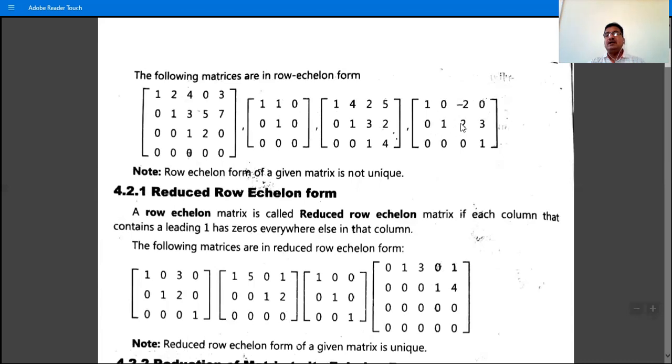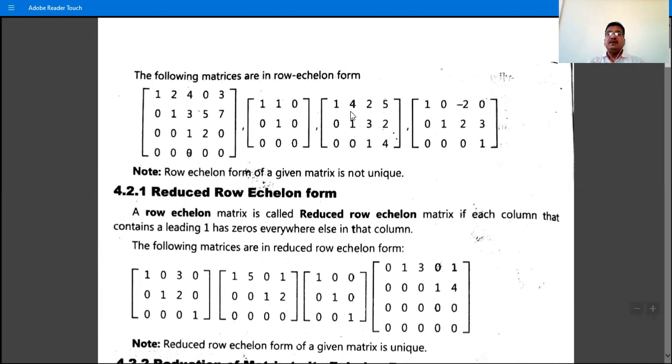In the second row, the leading one is to the right of the leading one of the upper row at one place. And in the third row, the leading one is to the right of the leading one of the upper row at two places.